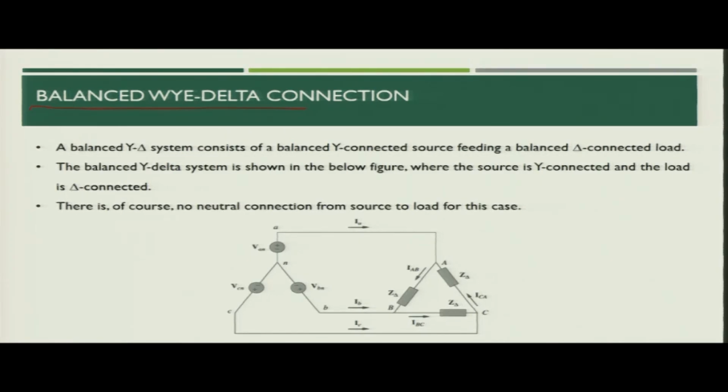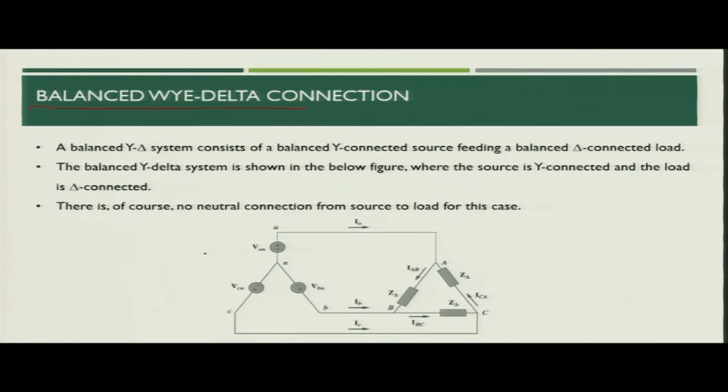You will see there we have a Y-delta circuit where the source is connected in a star, or you can say Y, and the load is connected in delta form. The A phase of the source is connected to A of the load, B is connected to B of the load, and C is connected to the C phase of the load.